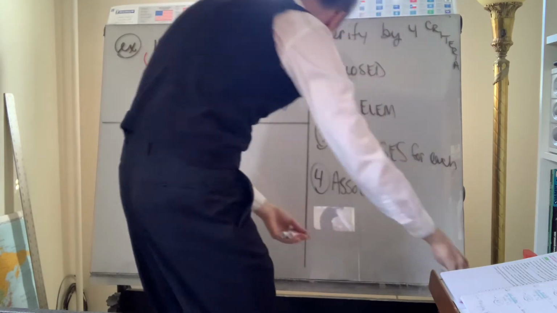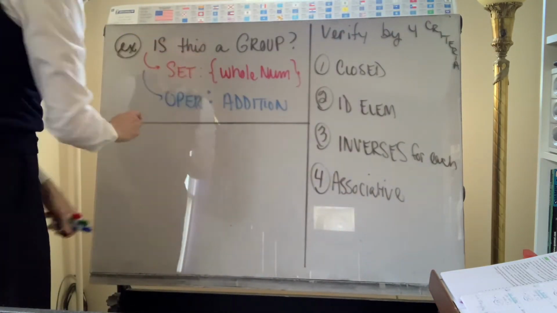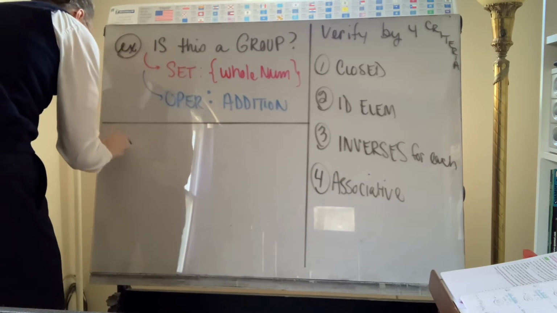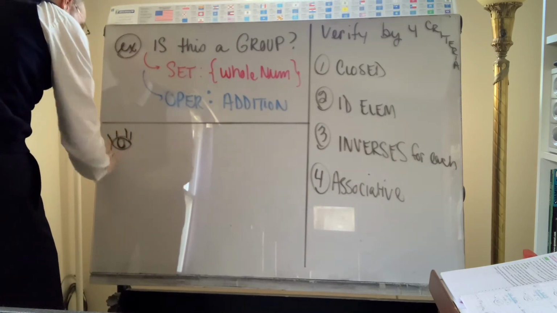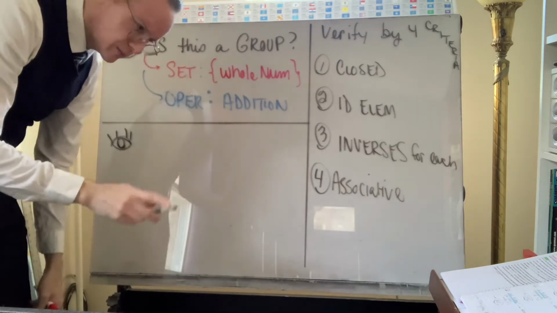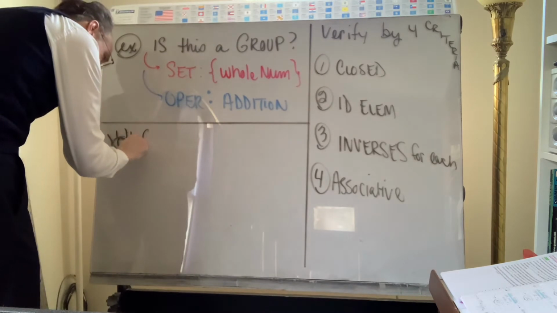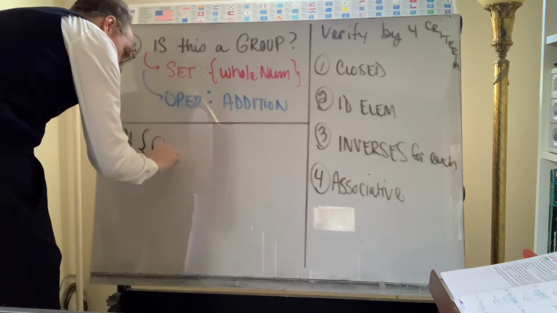So let's do a couple of things. Let's figure out, what does the set look like to begin with. If we're talking about the whole numbers, remember the whole numbers are different from the natural numbers because they start with where? 0.